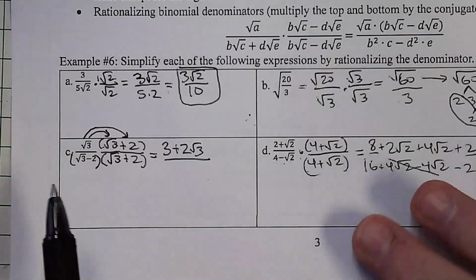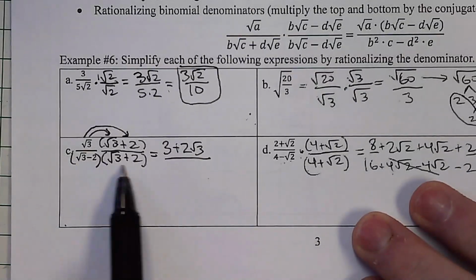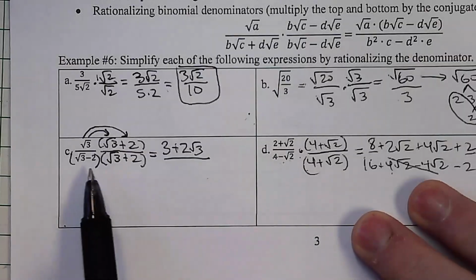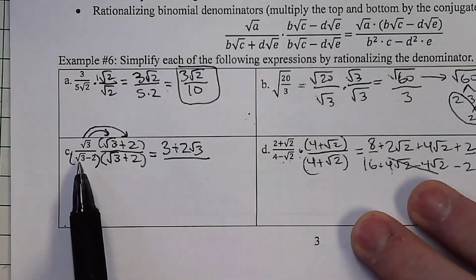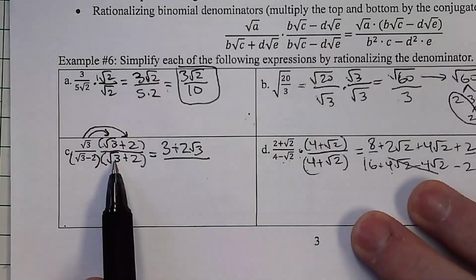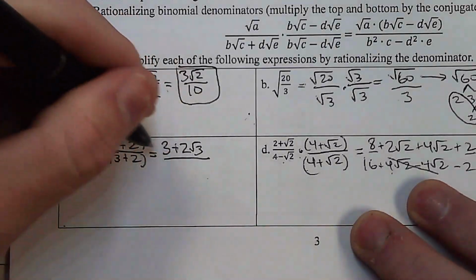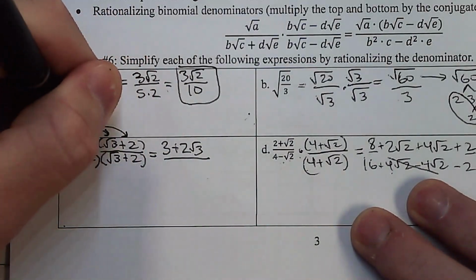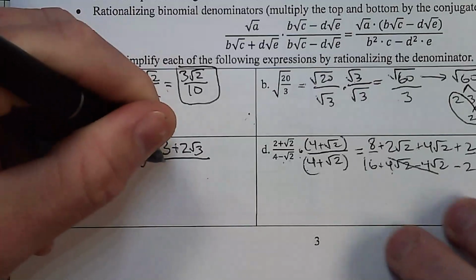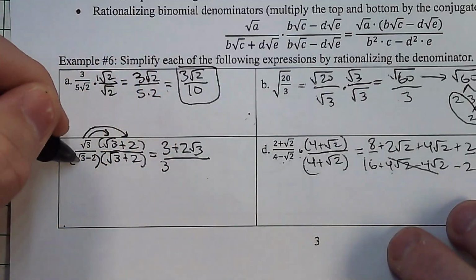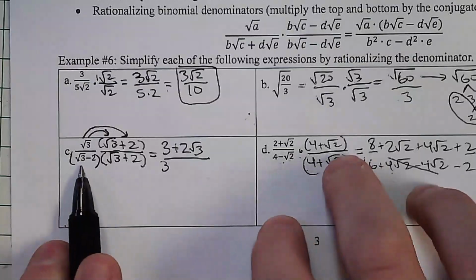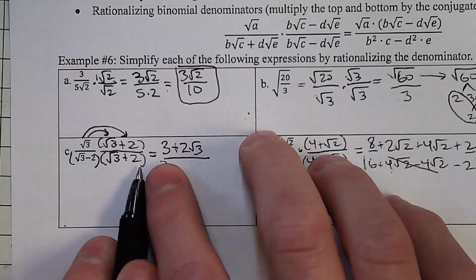On this one, we've got to do square root of 3 times all that, and then negative 2 times all that. All right. Kenny, what's the square root of 3 times square root of 3? Square root of 9, which is what? What's the square root of 9? Good. Kenny, what's the square root of 3 times 2? 3's inside of a square root, 2's on the outside.